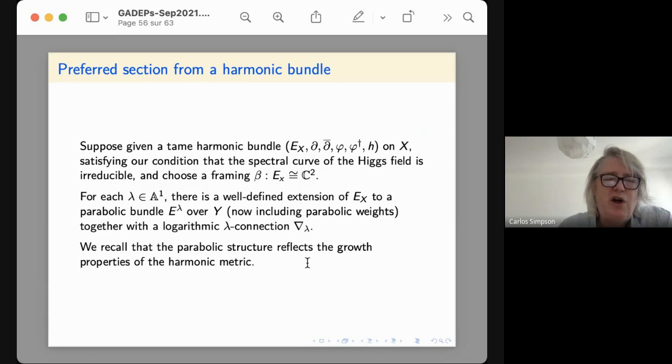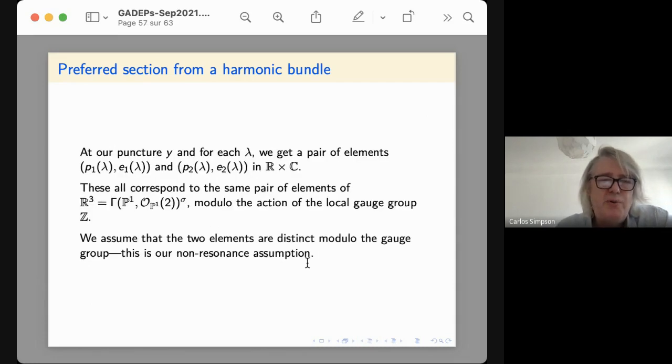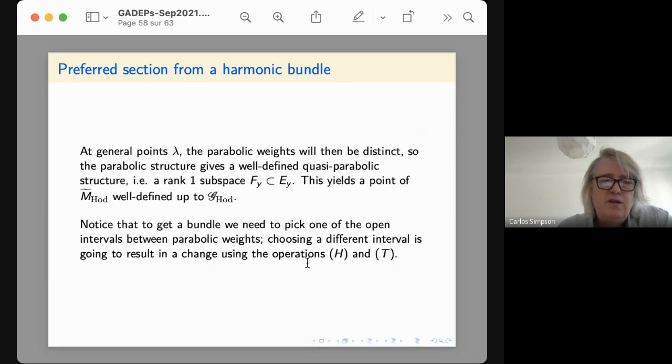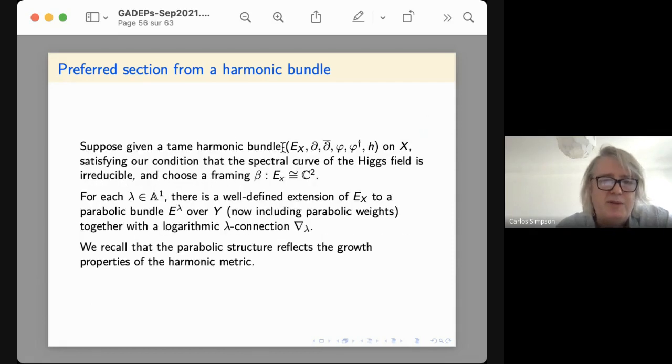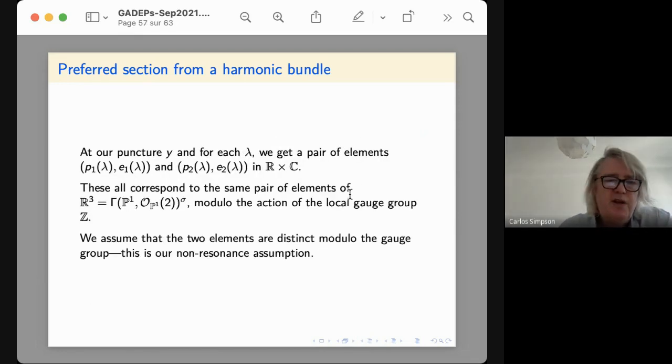So you can also define a notion of preferred section. And maybe the salient point here is that for general values of lambda, if you have a harmonic bundle, then you actually get a family of extensions of that bundle depending on lambda.